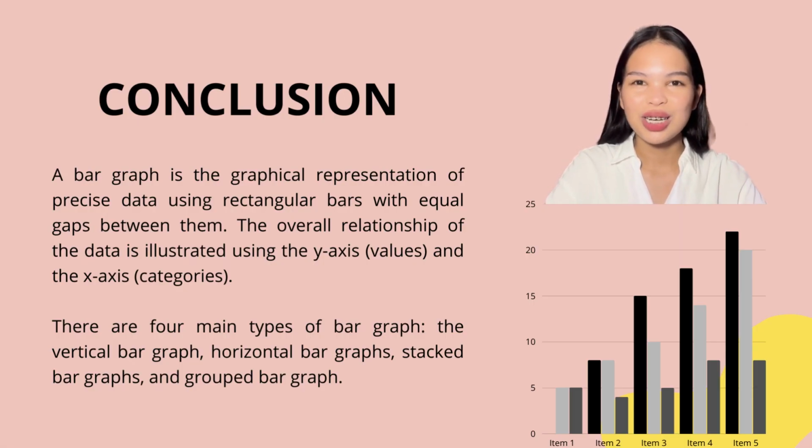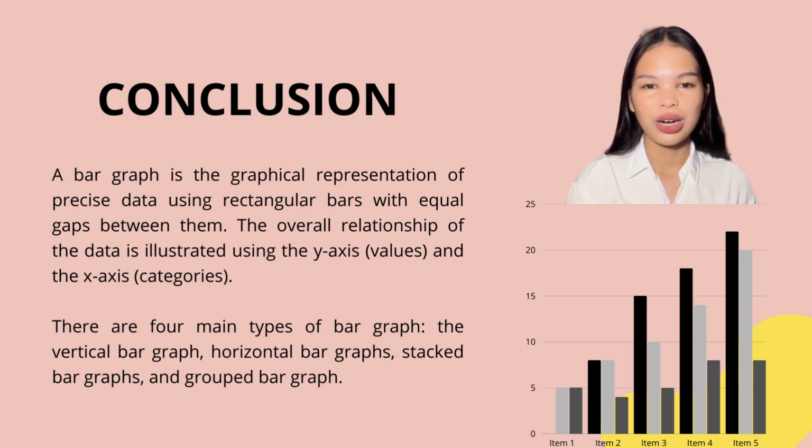Before we end our discussion, let us first have a quick recap on what was discussed. A bar graph can be a very useful business tool that helps deliver complicated data and concepts in a way that's easy to understand. A bar graph is a graphical representation of precise data using rectangular bars with equal gaps between them.